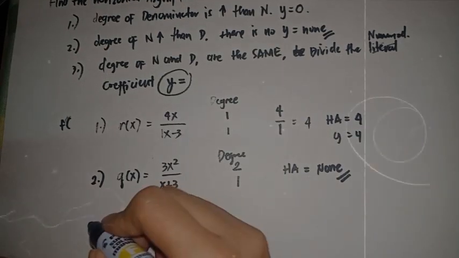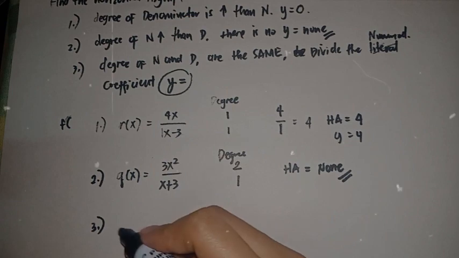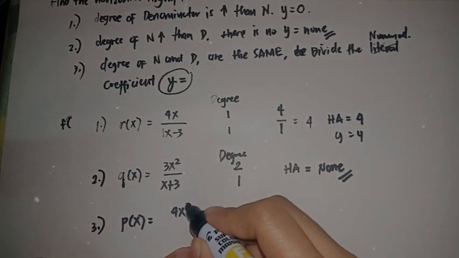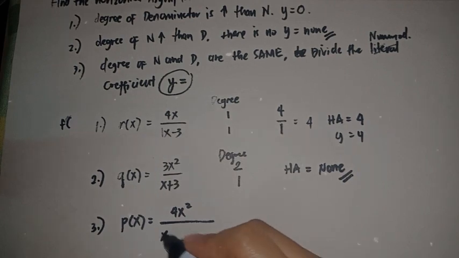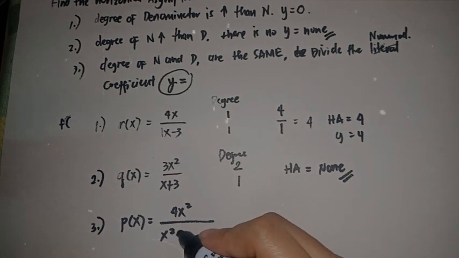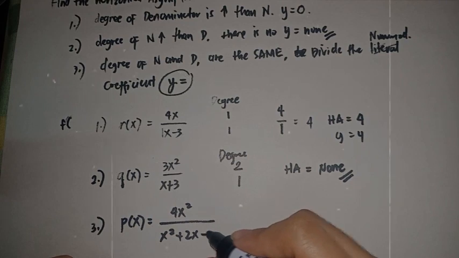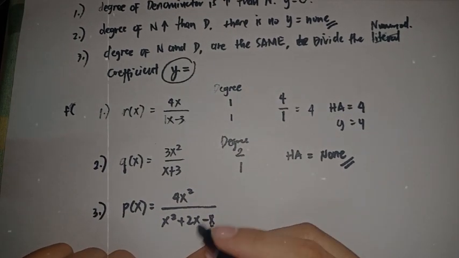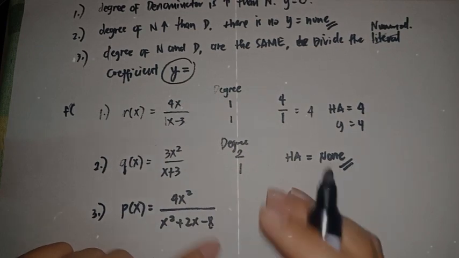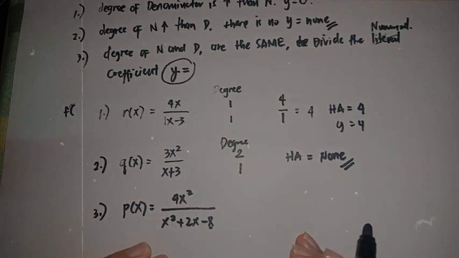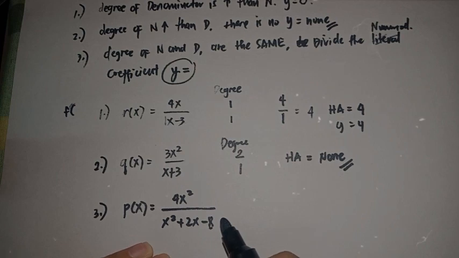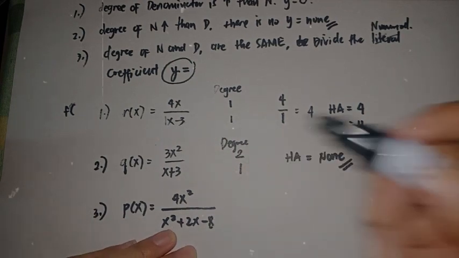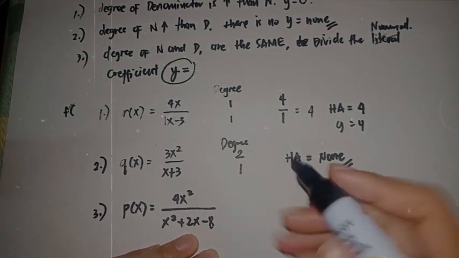Alright. Okay, for number 3, we have p of x is equal to 4x squared all over x squared plus 2x minus 8. So, for number 3, I think there is no need for us to factor this one out, because we are just looking at the degree of the numerator and the denominator, right?